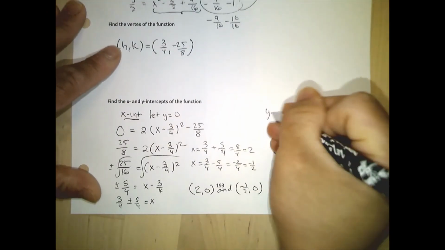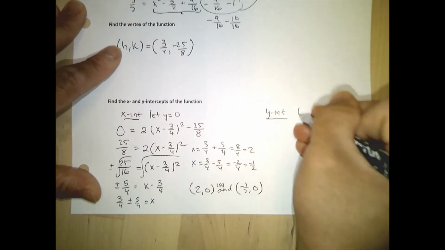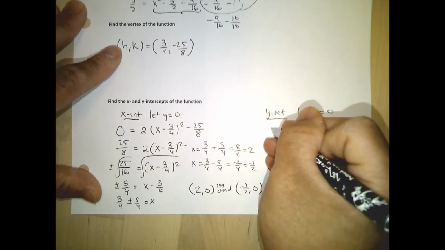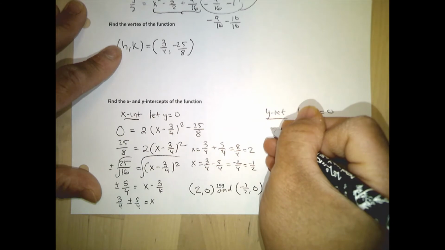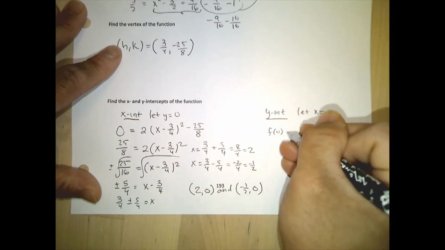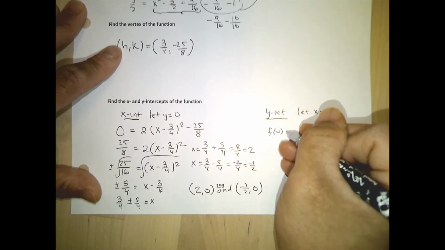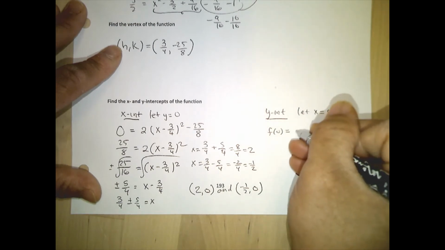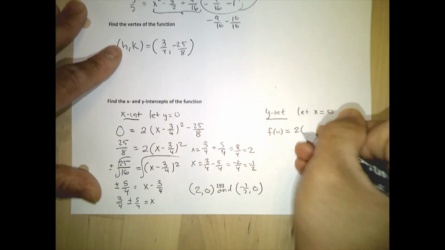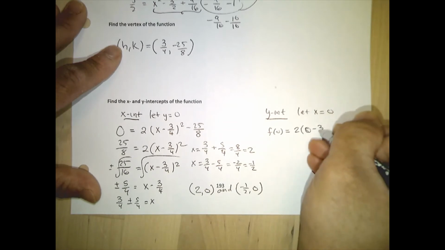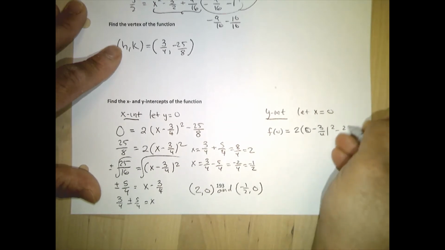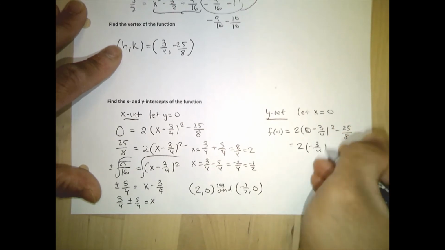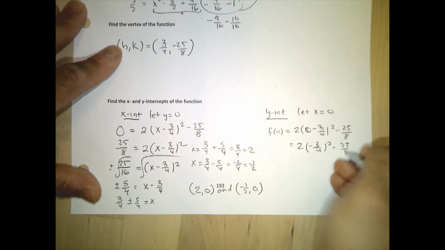All right, so for the y-intercept, you can let x equal 0. So f of 0, or you could use the form that we completed the square on, it doesn't matter. 2 times (0 - 3/4) squared minus 25/8. So it's 2 times (-3/4) squared minus 25/8.